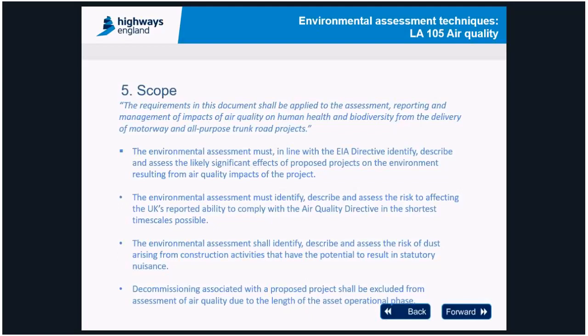We need to assess the risk from construction dust and any road traffic activity associated with that. But just to make clear, the decommissioning of a project is not normally within the bounds of the scope, because the decommissioning of a road project could be many years hence, 10, 20, 30, 40, 50, 60 years, so it's not within the bounds of an assessment.